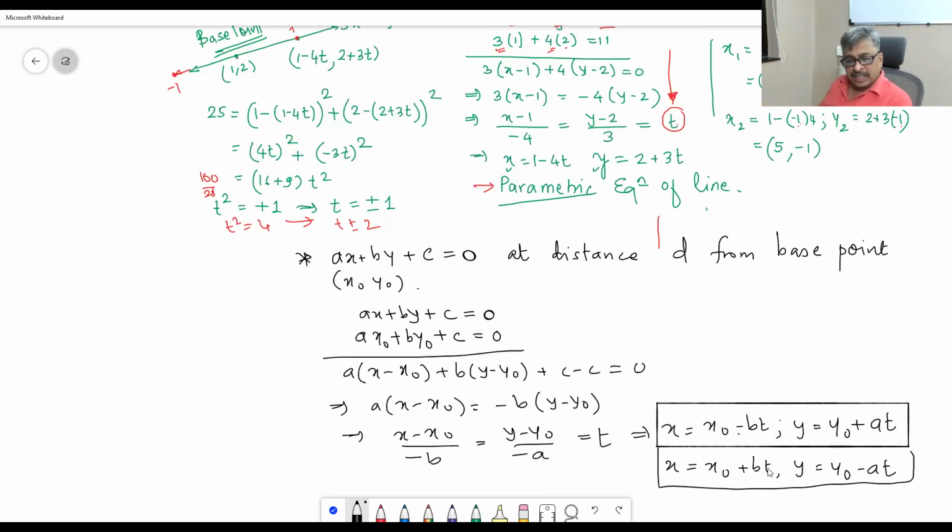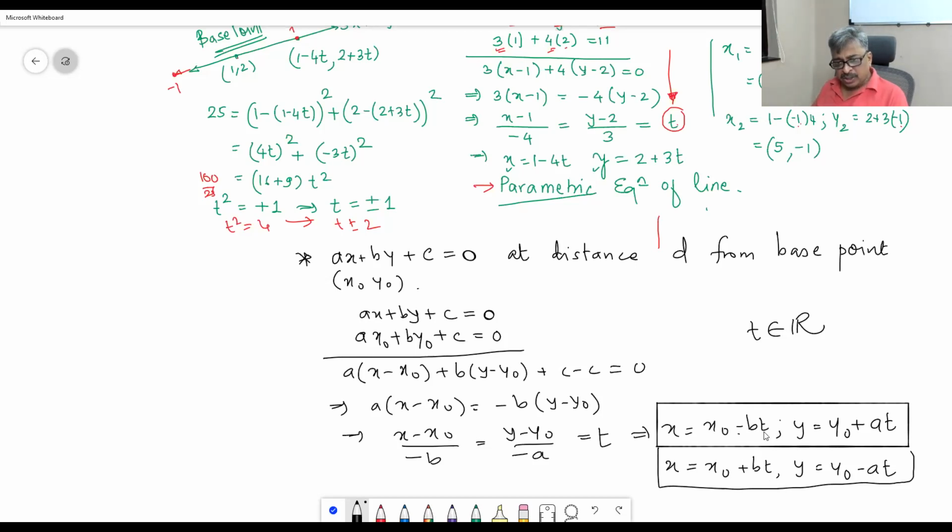Why? They will produce exactly the same points, because t belongs to R. Suppose t is equal to 1 in this formula, then t is equal to minus 1 in the other formula will give you the same point.